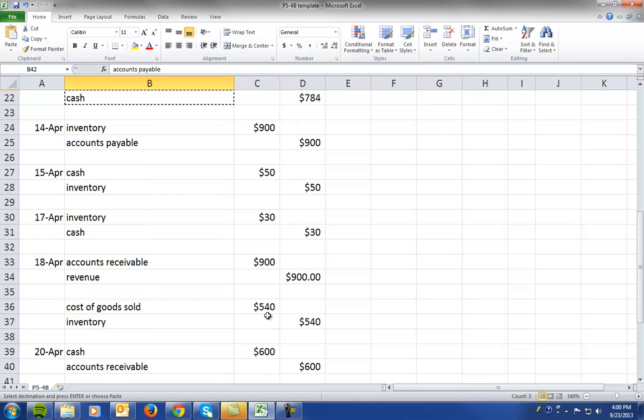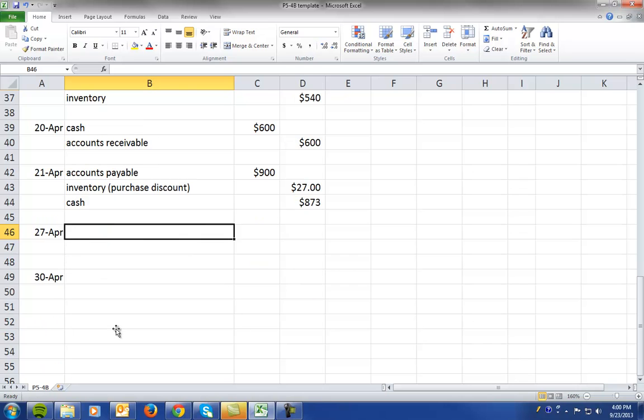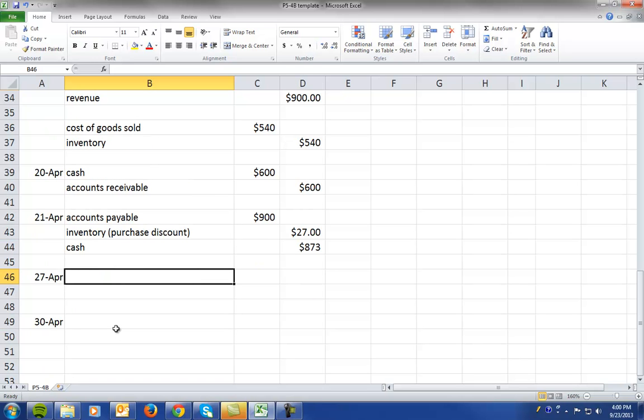The original transaction on the 14th was for $900, and there's a 3% discount. So when you debit accounts payable for $900, you want to apply the discount, which is $900 times 0.03, and the cash is the difference. It's credited for $873.